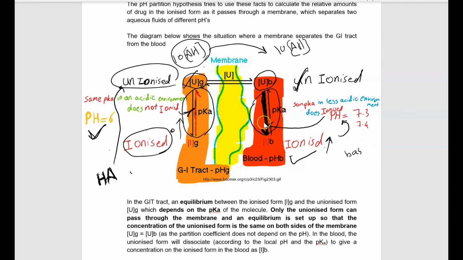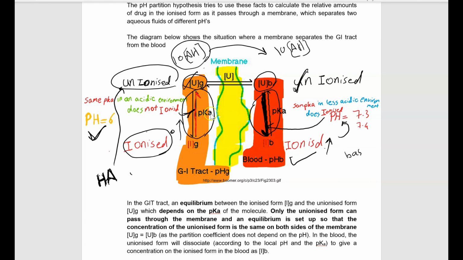So this equilibrium in your blood is different from the equilibrium in your intestine, but the concentration of whole molecule in the intestine and the concentration of the unionized or whole molecule in the blood are the same, because there is an equilibrium between them.